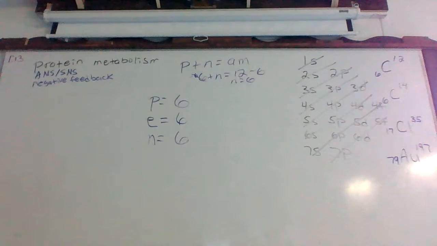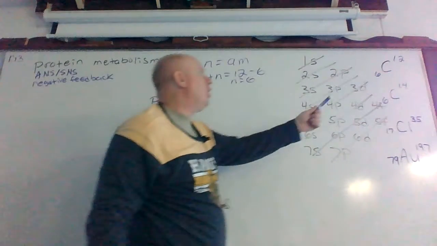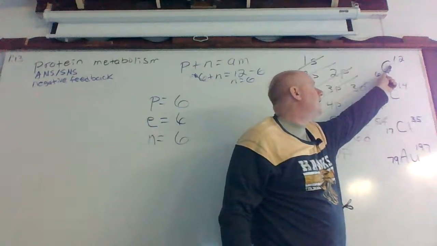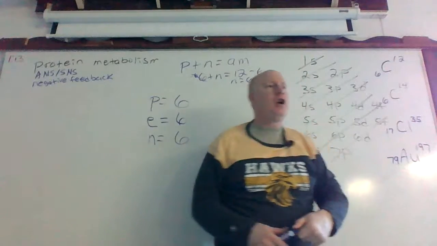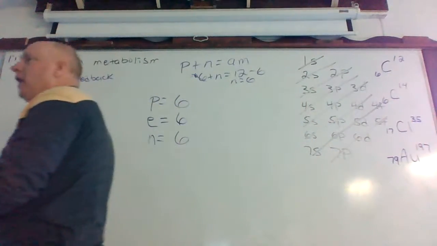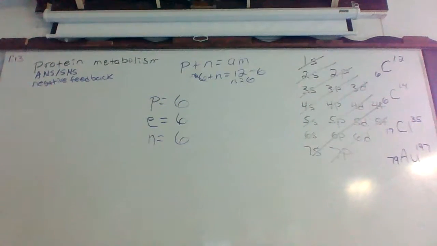And how did we arrive at 8? 14 minus 6 would give you 8. So carbon-12 has 6 neutrons. Carbon-14 has 8. Carbon-10 would have how many neutrons then? 4. Okay? If you are following this logic, you're well on your way to understanding what subatomic particles are in regards to how they fit in with an element.